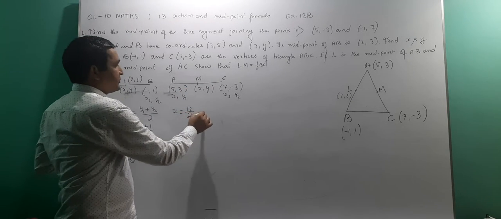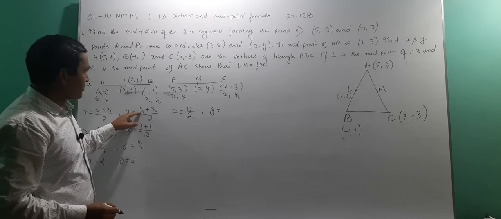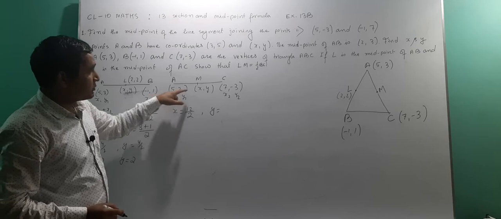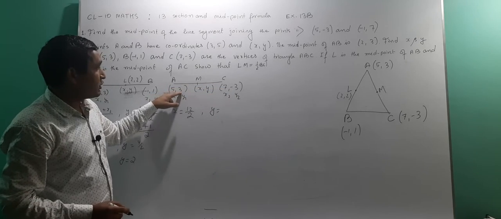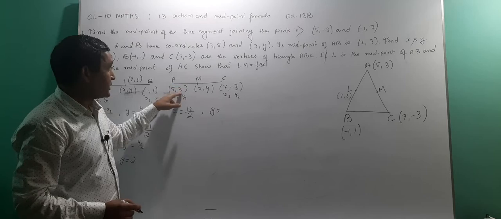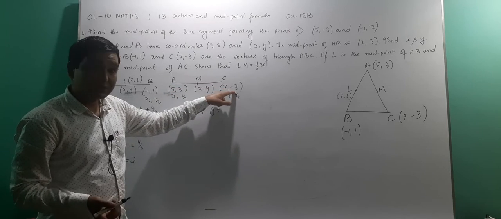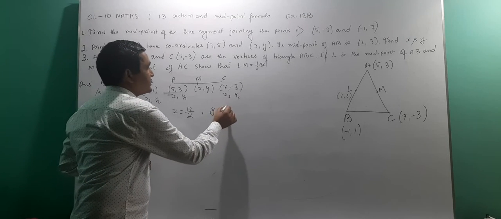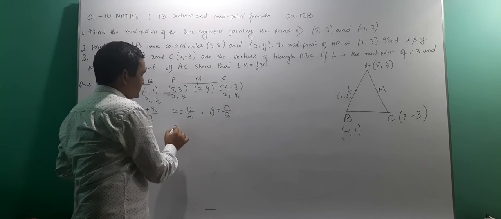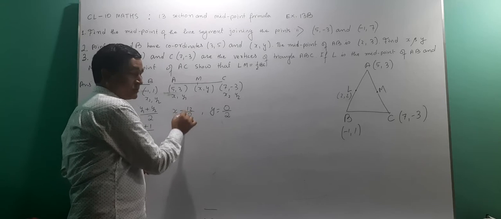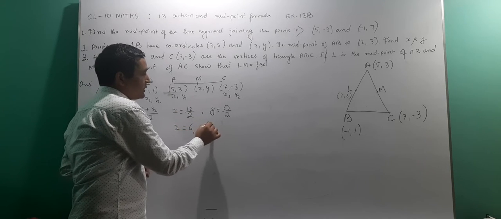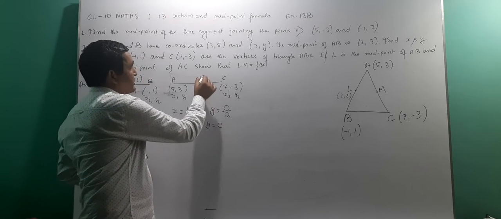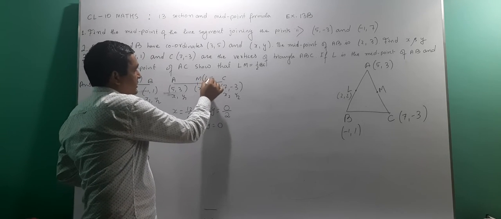Similarly, y equals (y1 plus y2) divided by 2, the same formula. y1 plus y2: 3 plus -3, their sum is 0, divided by 2. So x equals 12 divided by 2, which is 6, and y equals 0 divided by any number, which is always 0. Now we got the coordinate of M, that is (6, 0).